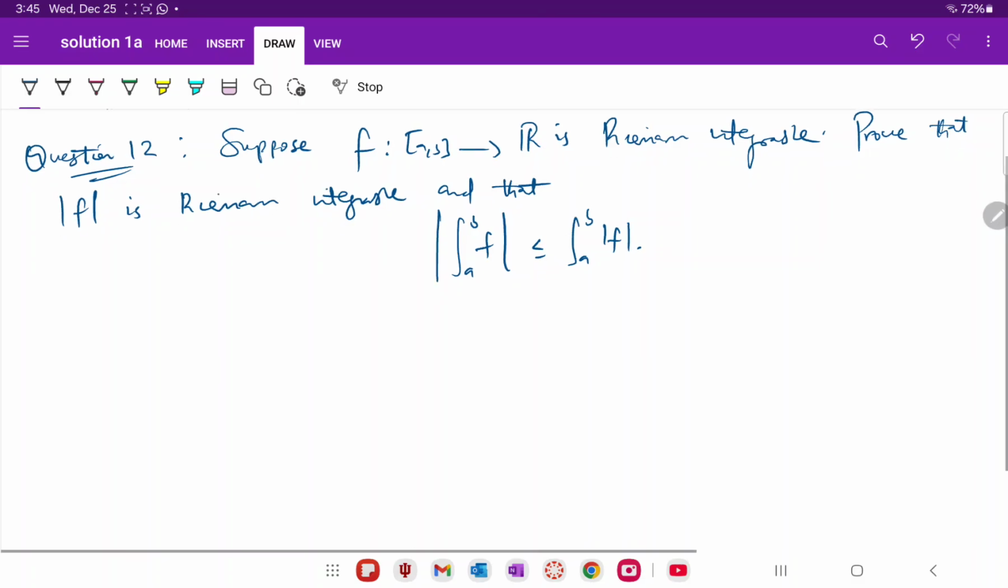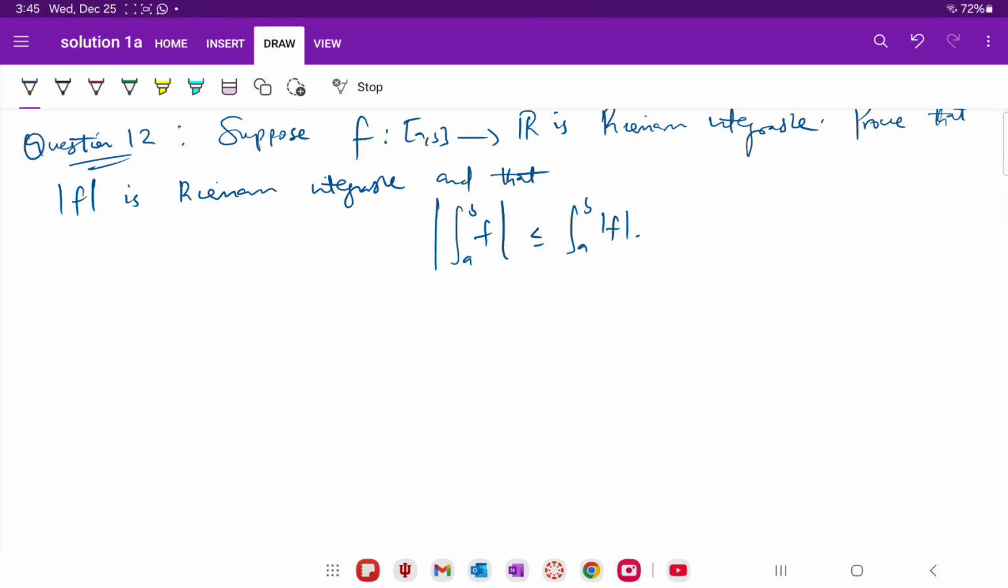Okay, so there are many ways to prove this, but I'm going to approach this by the properties of supremum and infimum. First, by the hypothesis, we assume f is Riemann integrable.